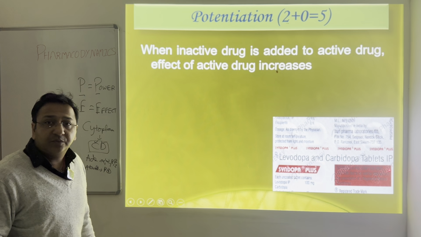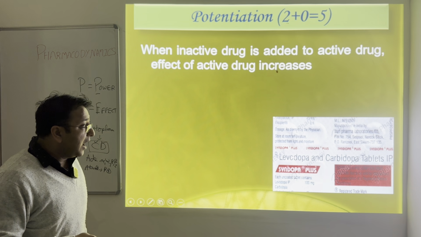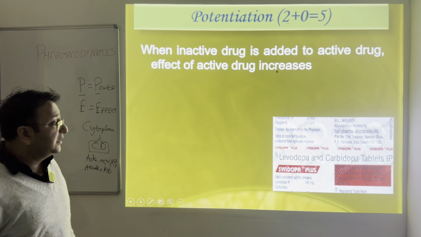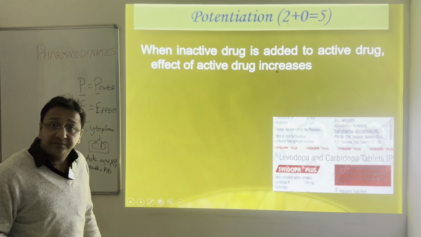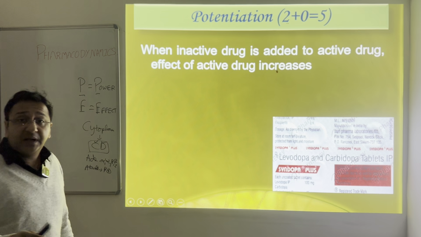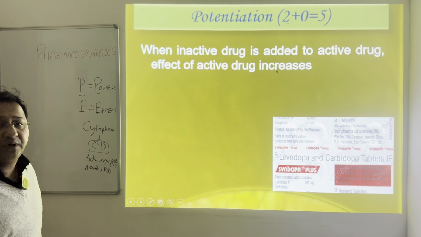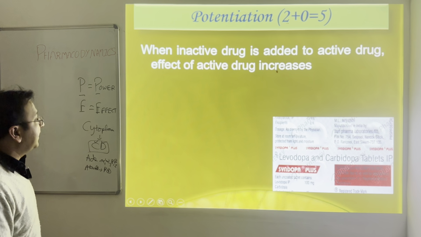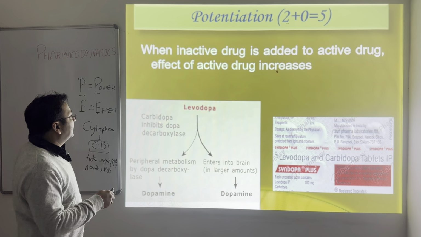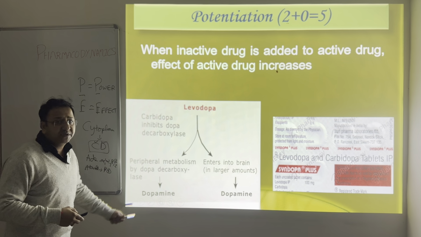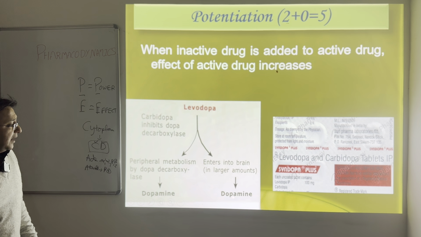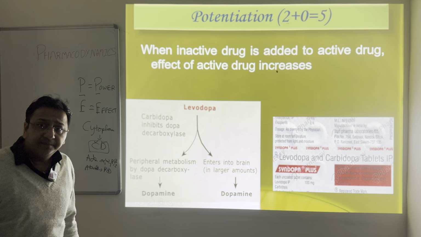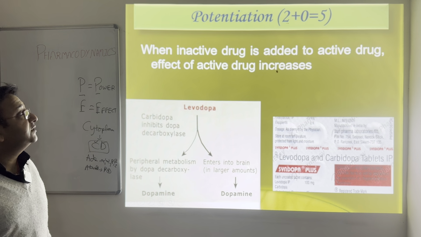So carbidopa is only helping levodopa to enter into the brain. Carbidopa inhibits the dopa decarboxylase enzyme. So levodopa enters into the brain in large amount and will release the dopamine. That's why 2 plus 0 is equal to 5.